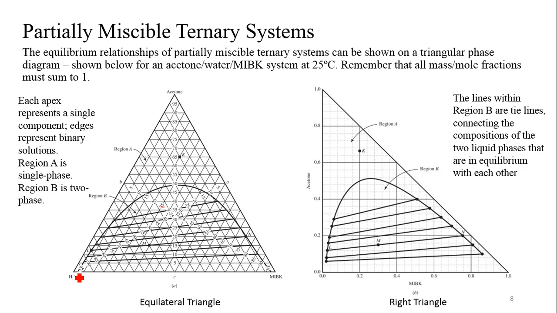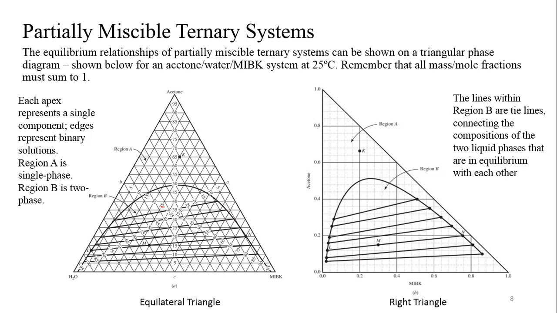In this system, essentially each corner or apex represents a pure component. In the equilateral system, then, you can read off concentrations of whatever component you want by moving along a perpendicular line to the opposite side.